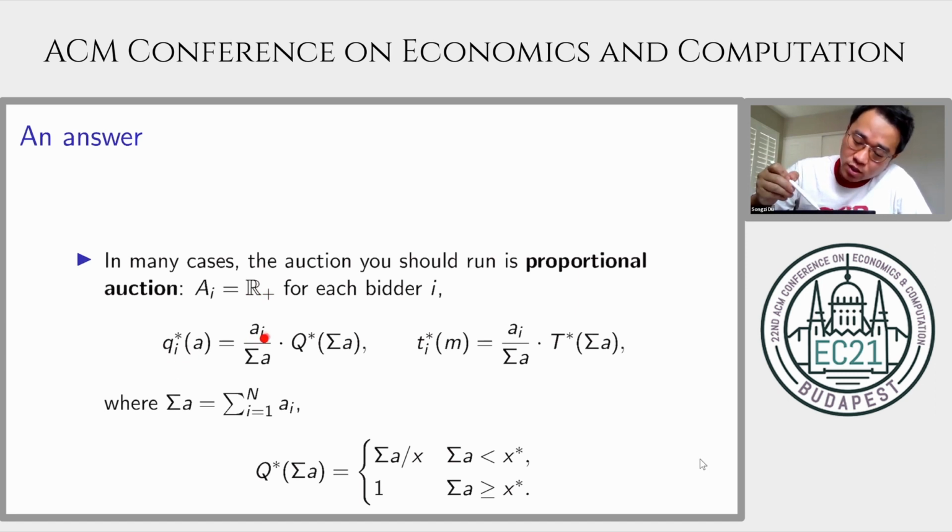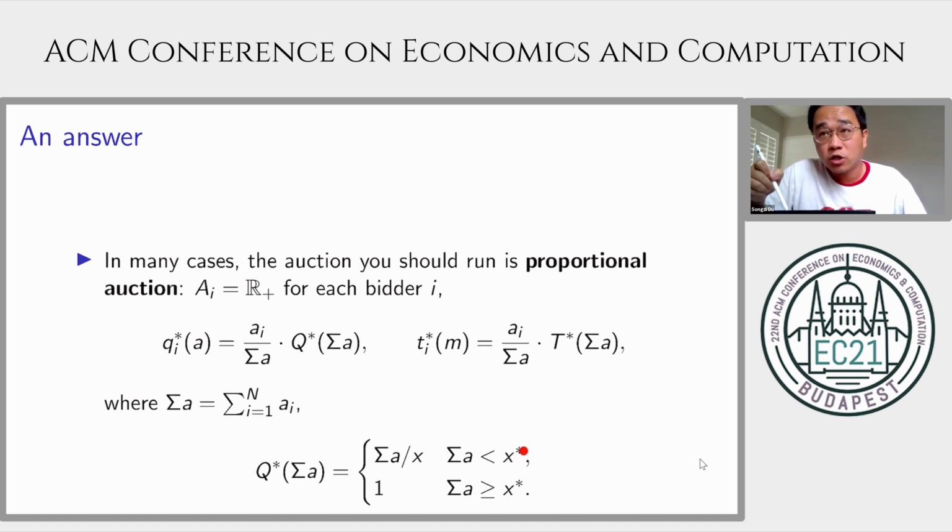Your allocation is a ratio between your bid and the aggregate bid. By aggregate bid, I just mean you add up everyone's bid. The sigma notation is just a shorthand for summation. You get a proportional allocation of a simple total supply function, which is a function of the aggregate bid again, and it takes a very simple form.